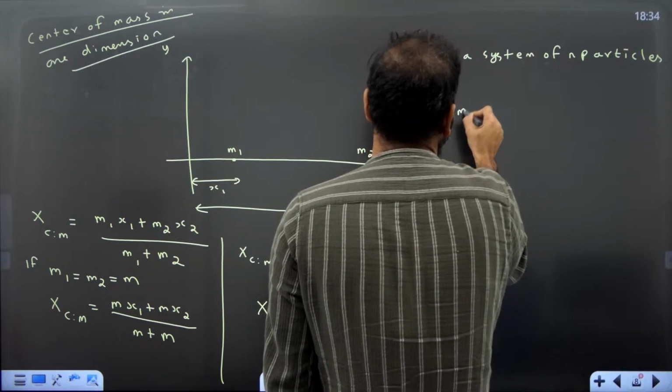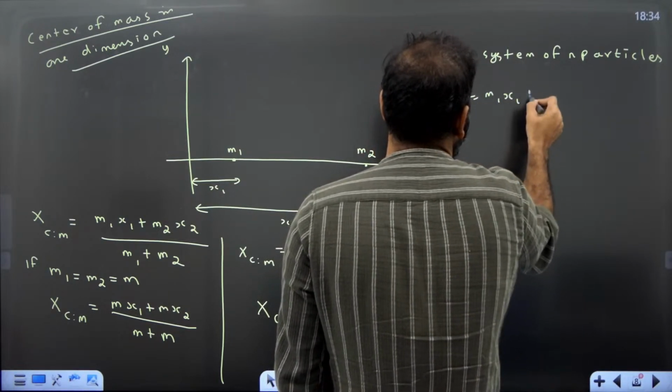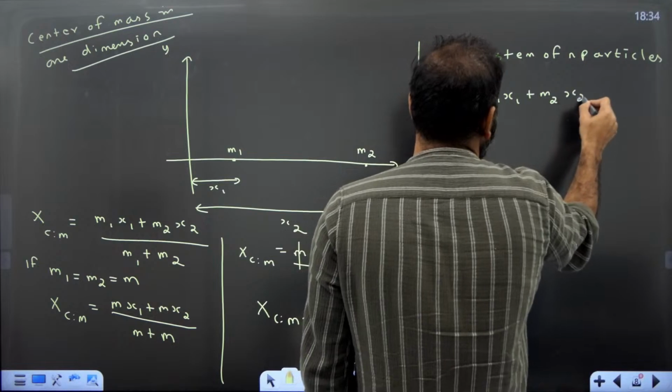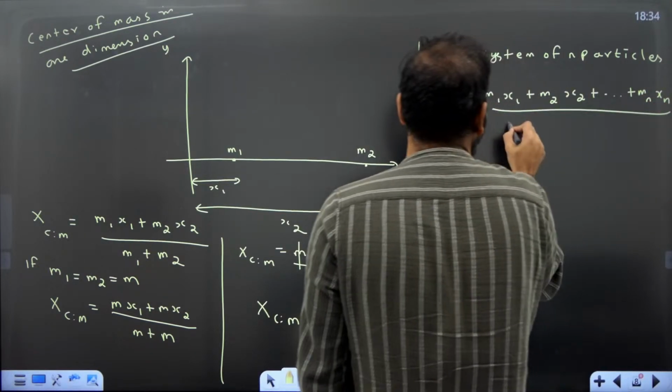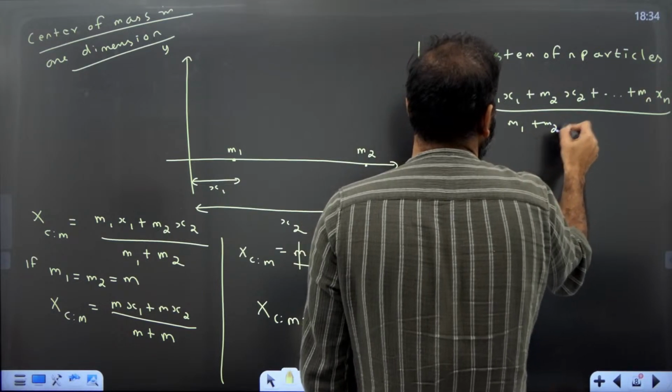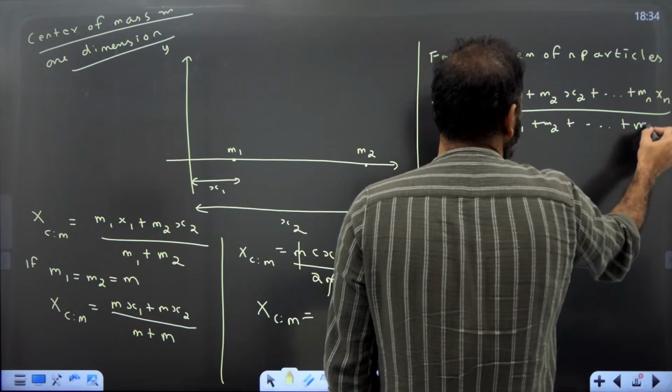X of CM is equal to m1 x1 plus m2 x2 plus and so on plus mn xn, whole divided by m1 plus m2 plus and so on plus mn.